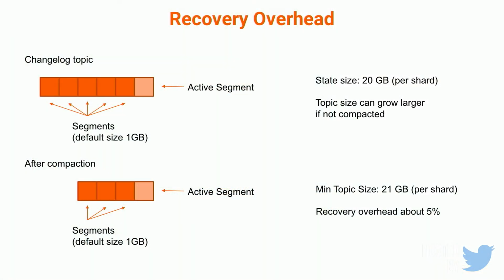But when log compaction ticks in and older segments are reduced in size, then if you configure log compaction aggressively enough, on average your topic size will be about 20 gigabytes plus this active segment, because the active segment is not considered for log compaction. Only the old segments are compacted.